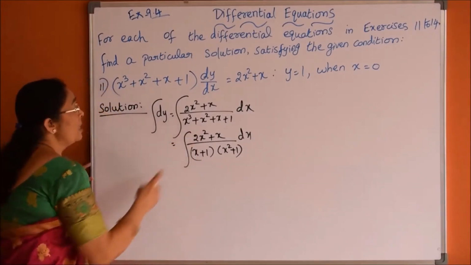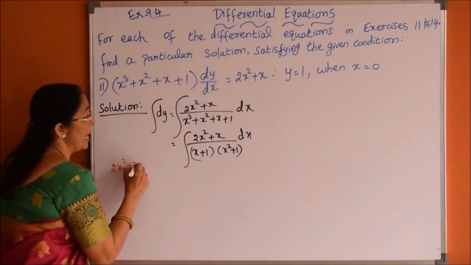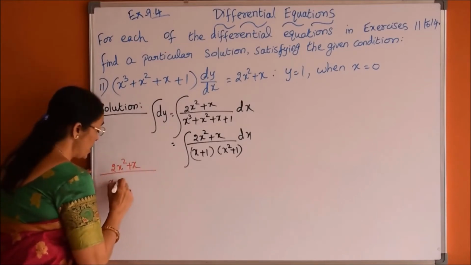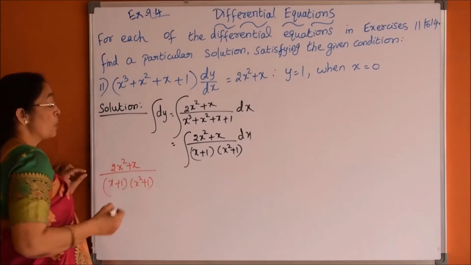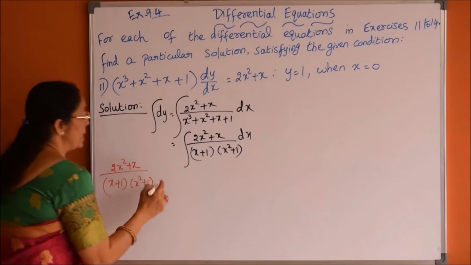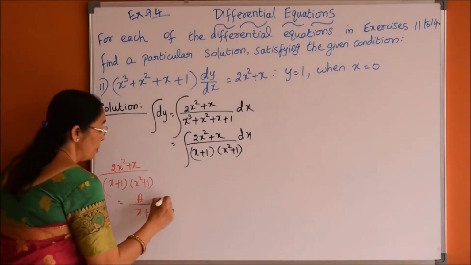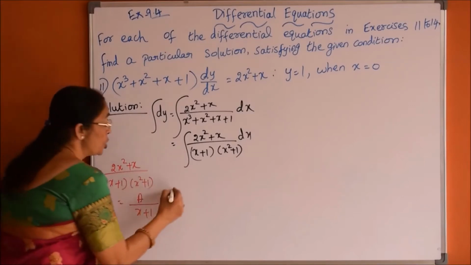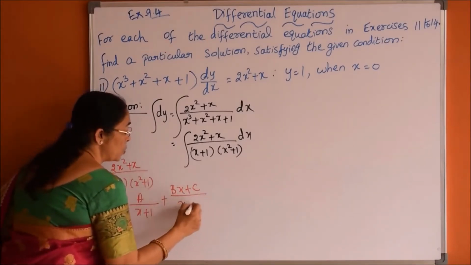So let me take the function first. The function is 2x square plus x divided by x plus 1 of x square plus 1. By partial fraction this can be written as a by x plus 1 plus, this being second degree, the numerator is bx plus c by x square plus 1.